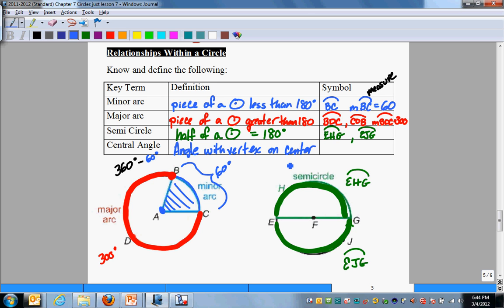In this case, it would be angle A here, so we would call it a central angle BAC, or we would say it's CAB. Either way, we could go like this: BAC, trace it, or you can go this way, CAB, trace it. But it's connected to the center of the circle.